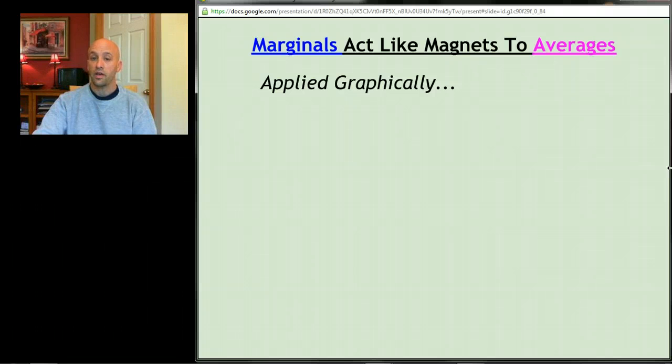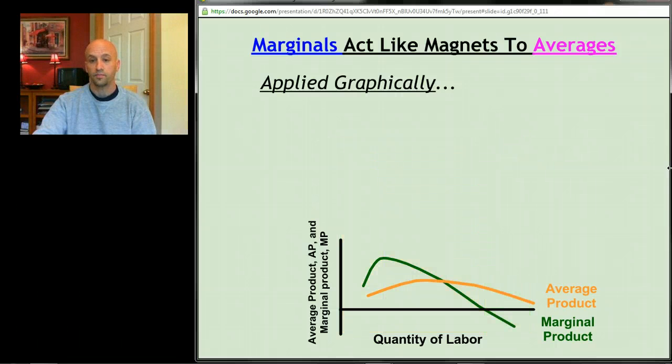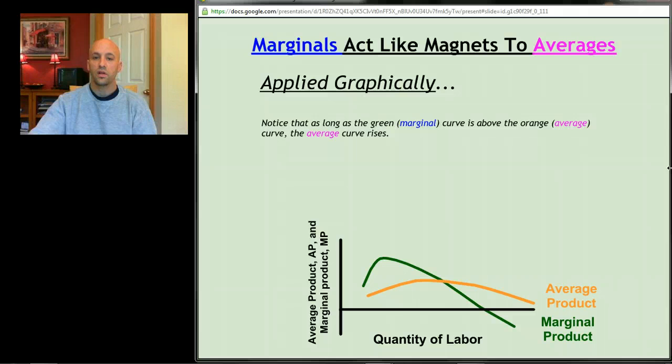So now let's apply that graphically. We're going to focus on the two graphs we were looking at last time, but again, now I want you to focus solely on that bottom graph and see if you can see that magnet action at work. Notice that as long as the green line, the marginal line, is above the average, the orange line in this example, the average curve has to rise.